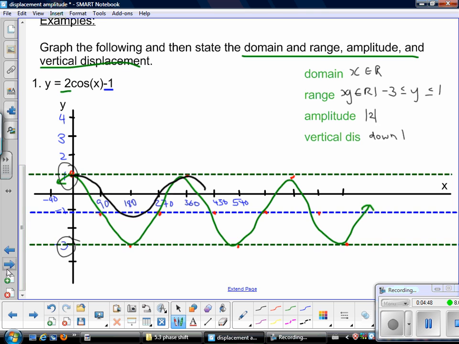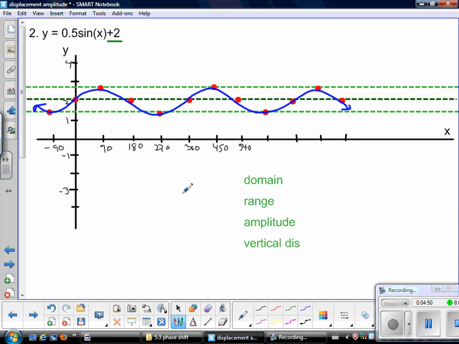Okay, let's go look at our other two that we just finished doing. Okay, this one here, again, our domain is x's in the set of real numbers. And you're saying, is that always true? For the most part, it is for the ones that we're looking at this year. Our range is also a real number such that we know that this time it's changed. So y is going to fit between two numbers.